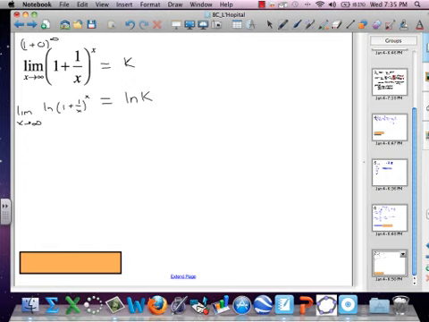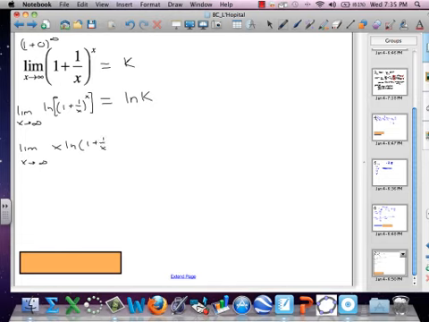And we can now use a property of logarithms to bring that x down in front of the natural log. And we are on our way to doing what we need to do, which is to create a fraction that is worthy of having L'Hopital's rule applied to it.